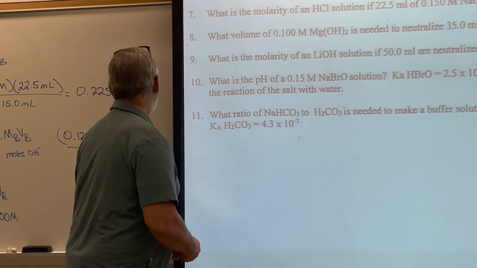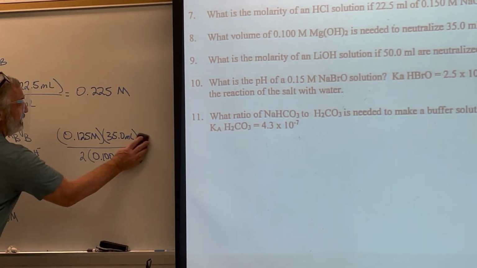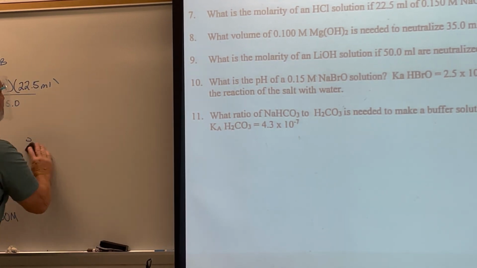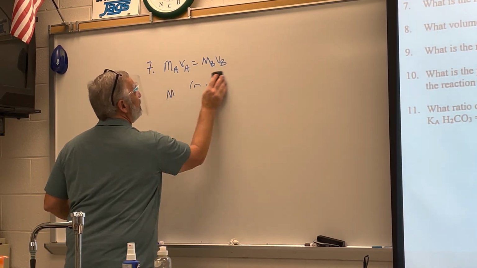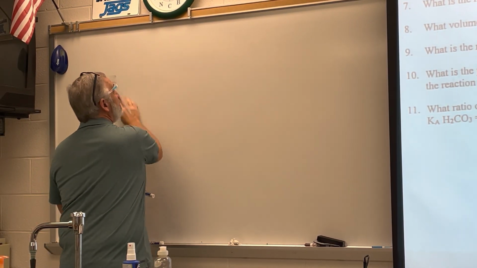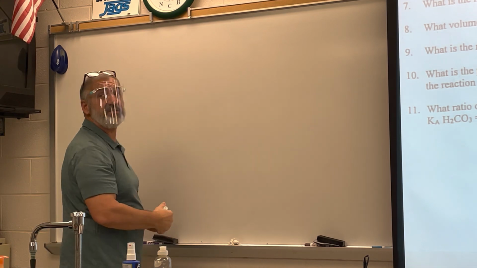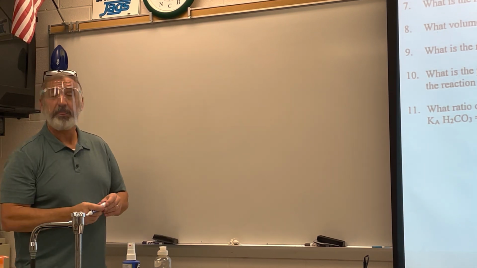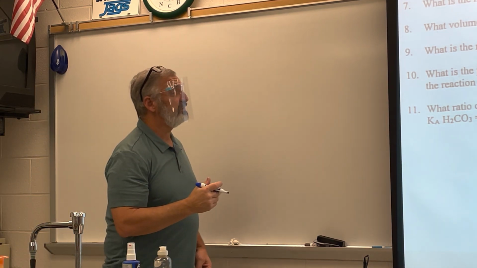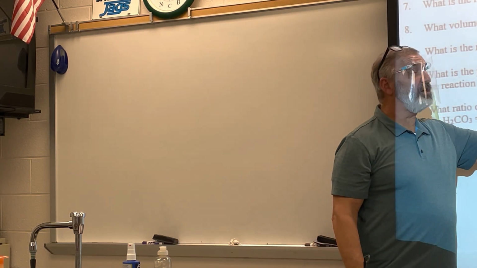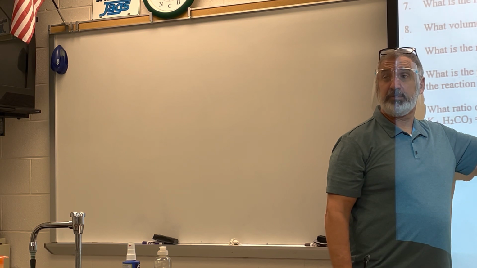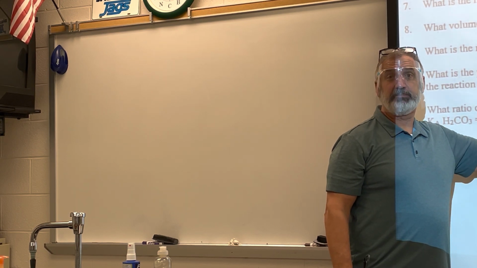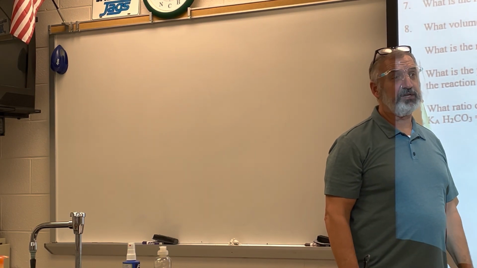Now, if it's a basic salt, what ion is going to get produced? I heard somebody mumble it, OH minus. Okay? So what part of the NaBrO compound is going to react?